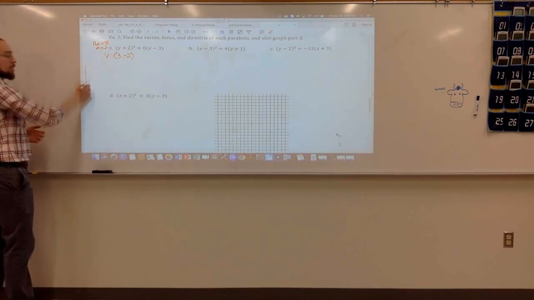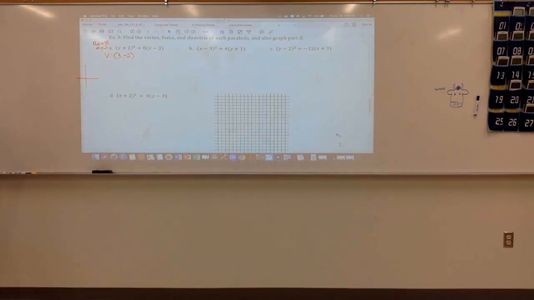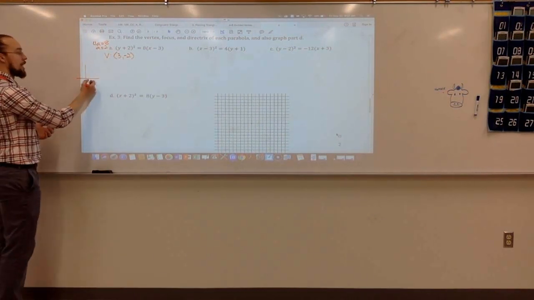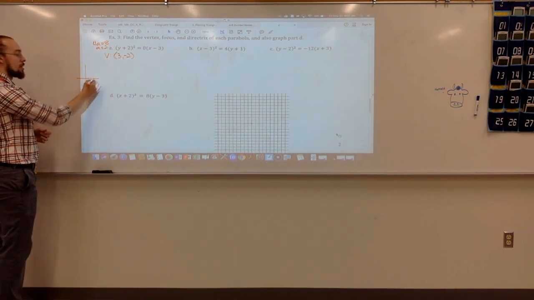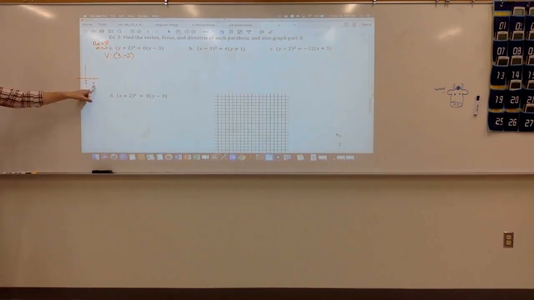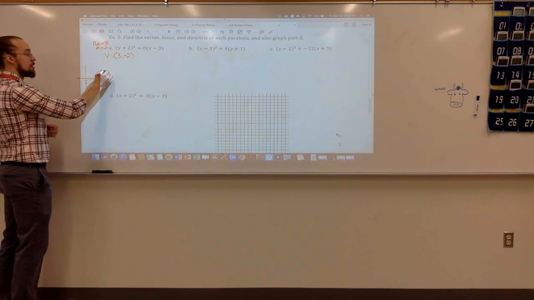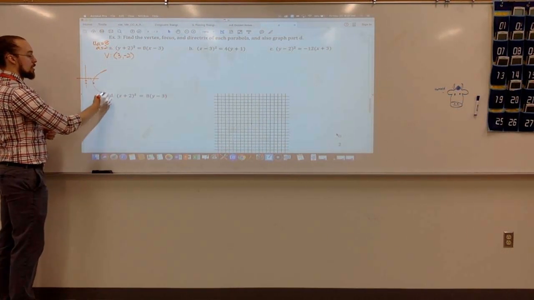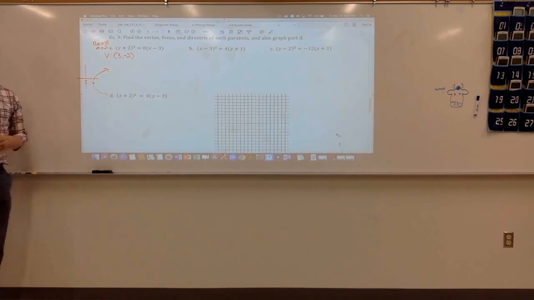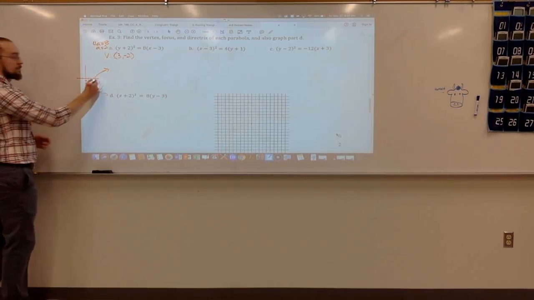Even for the ones that don't ask you to graph it, I still think sketching out a graph is going to make it a lot easier. So I know the vertex is at the point (3, -2), I know it opens to the right, and I know my a value is 2. So how do I find the focus and the directrix? You just move 2 along the x. Exactly.